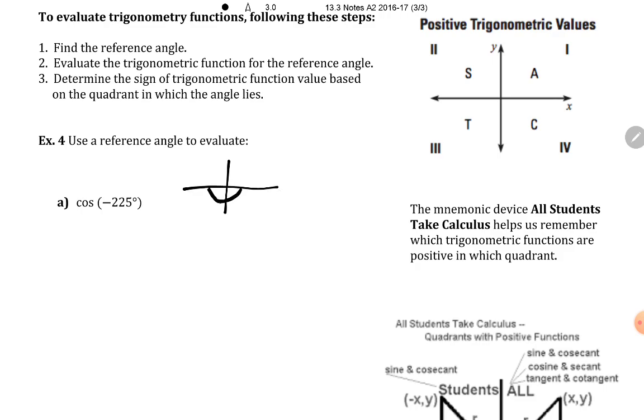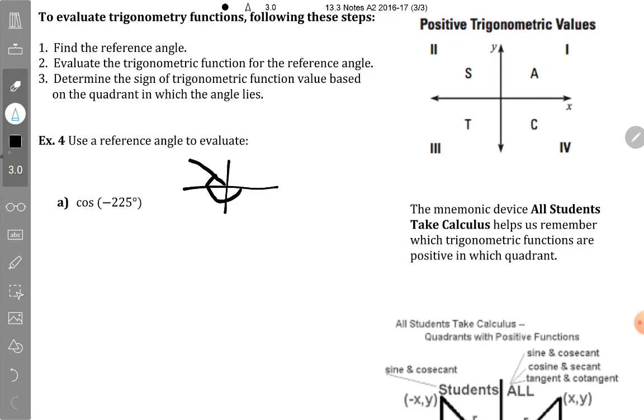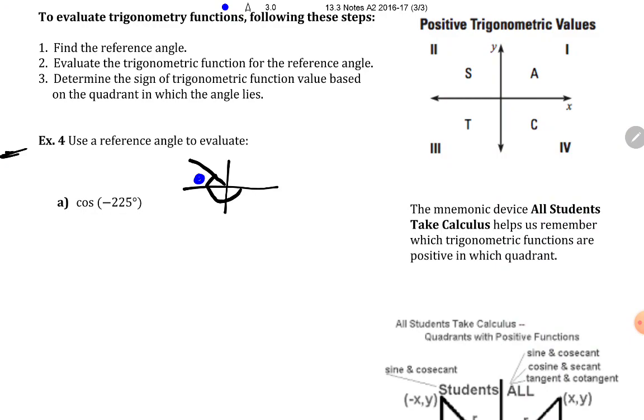Here's 90, 180, and we're down here. The reference angle is right here.